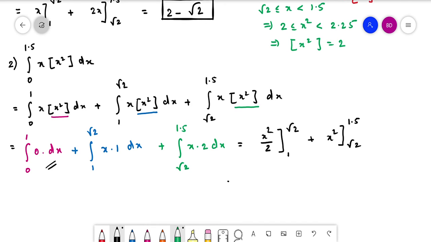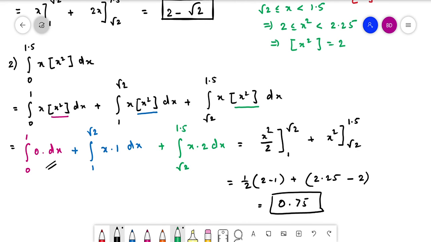Now if we calculate the value, this becomes half of 2 minus 1, plus 2.25 minus 2. So finally you get 0.75 as the answer. You see these two integrals are very similar.